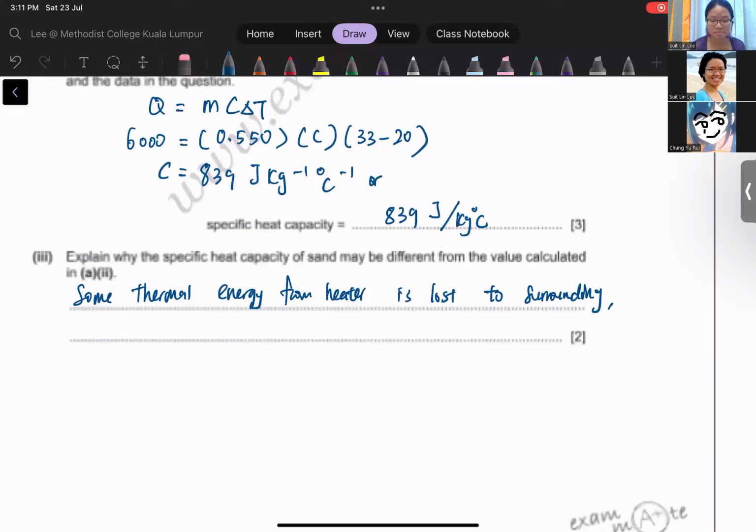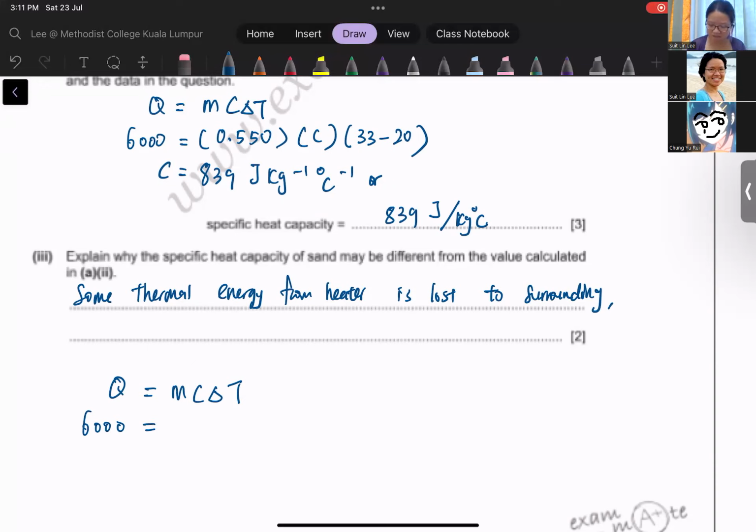Does that make sense? So for example, we have Q is equal to MC delta T. This 6,000 is fixed. I thought all of this 6,000 went to my sand, but actually no. Maybe 600 is lost to surrounding.